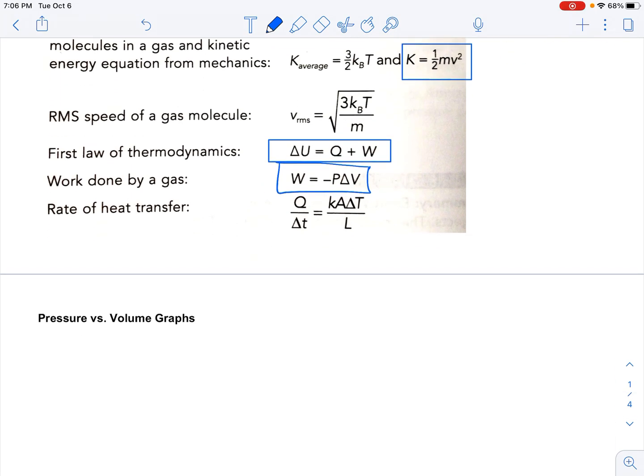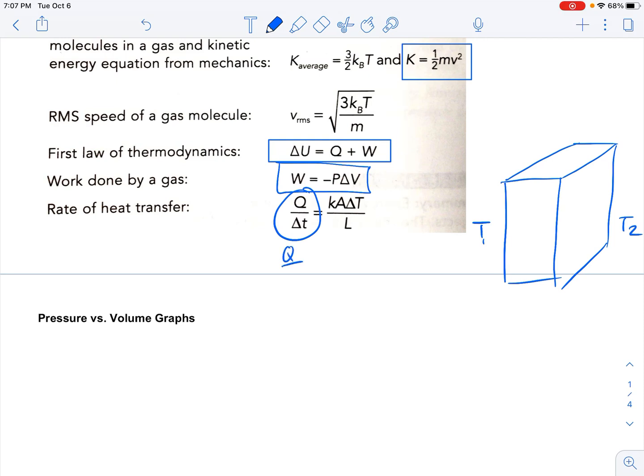This rate of heat transfer equation refers to the idea that if I had a solid substance like a window or a door, with a temperature on one side and a different temperature on the other side, then the heat transfer Q, which is heat per unit time, or the rate of heat transfer, equals the thermal conductivity, which is different for different substances, times the cross-sectional area times the change in temperature, which would be the difference in the two temperatures, divided by L, where L is the thickness of the substance.